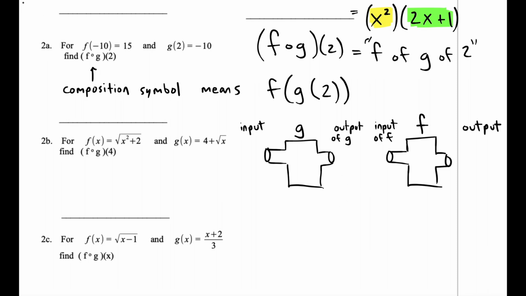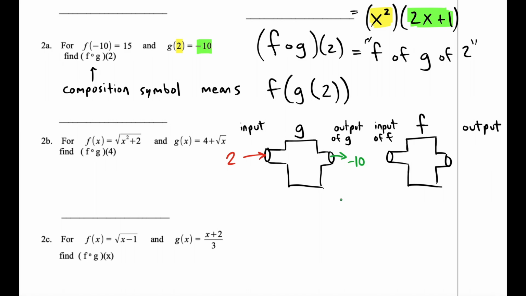So in this problem, g has an input here of 2, so they're trying to put a 2 in on the left. And this statement here tells us that -10 will pop out of the g function on the right. -10 will pop out as the output for the g function.